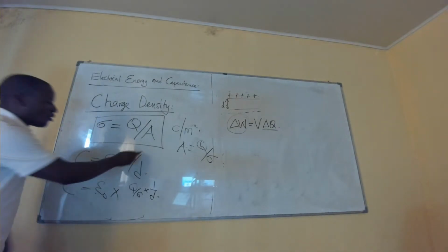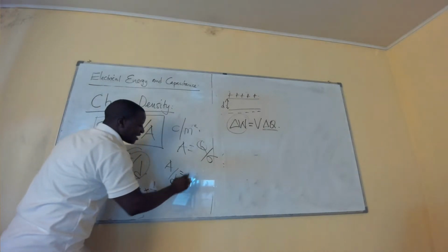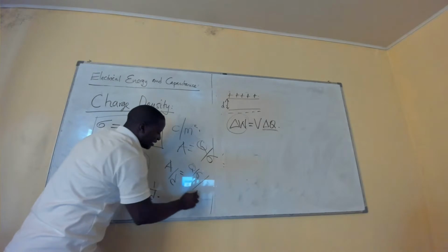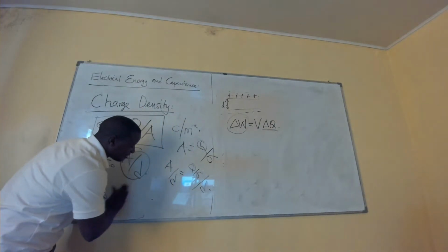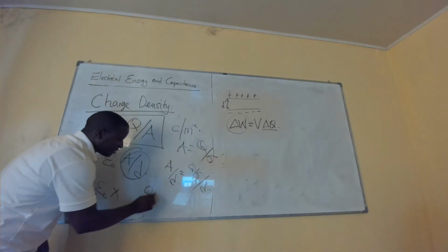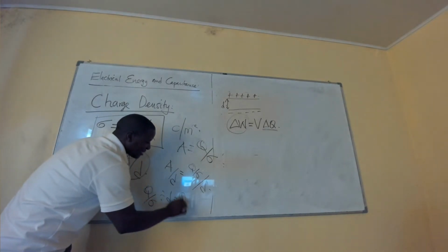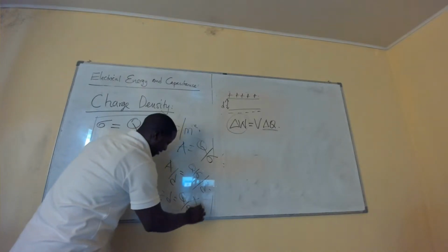So what we have, A over d, is nothing but charge over sigma divided by d. For some of us who are not too good in mathematics, you can say charge over sigma divided by d, which is q over sigma multiplied by 1 over d.